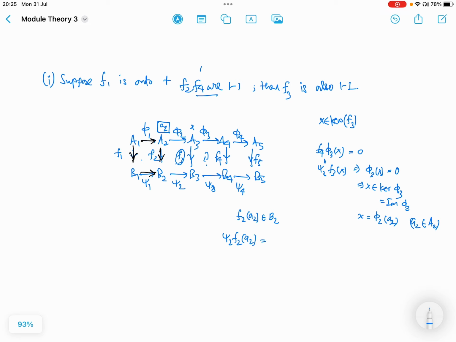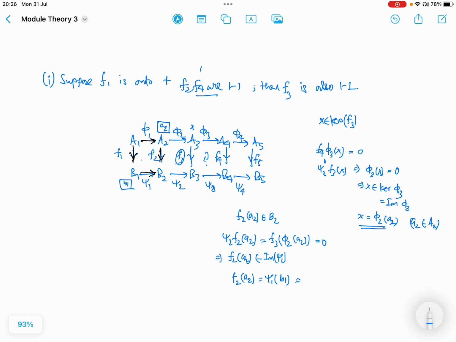This is again due to commutativity the same as F3 of phi 2 of a2, but that is 0, right? Because of how x was chosen. So you will get that F2 of a2 is in the kernel of psi 2. But the kernel of psi 2 is same as the image of psi 1 due to exactness of this bottom row. And so you can lift F2 of a2 to a pre-image under psi 1. Let's just call it b1. So now you are here.